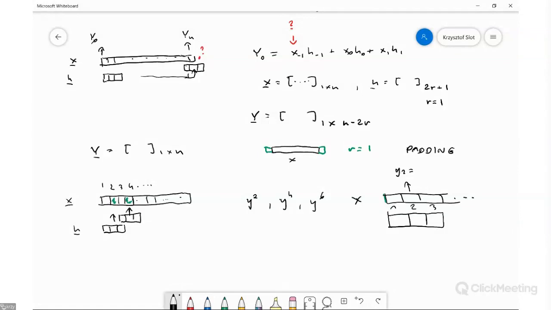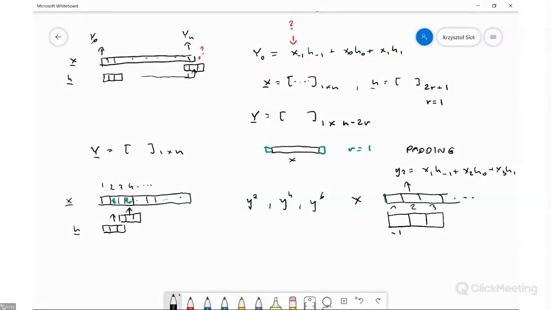I have all the information that is necessary to compute the output, because this will be h1 times x1 plus x2 times h0 plus x3 times h1.